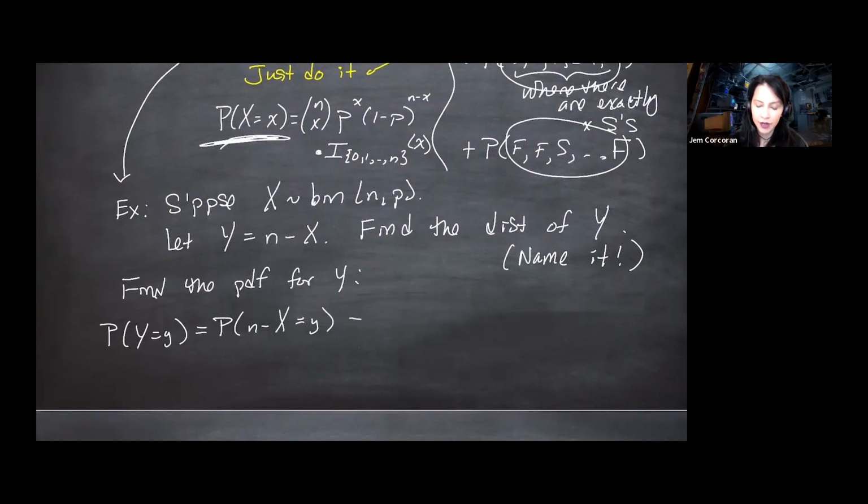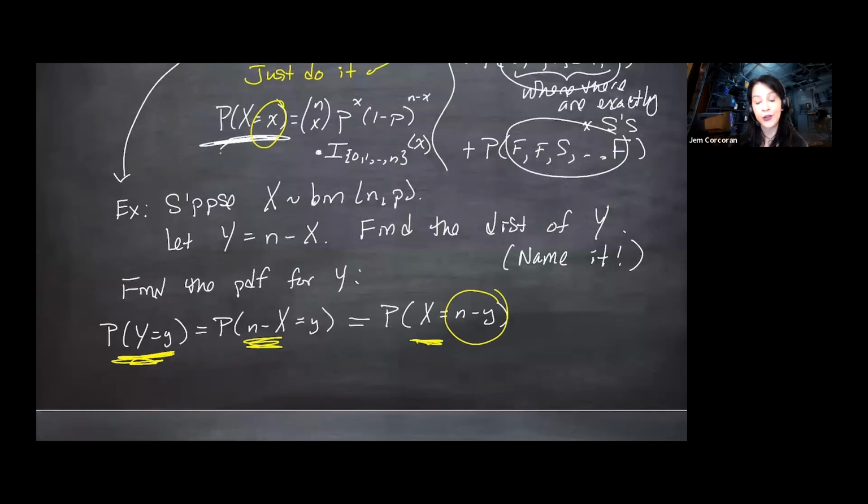So I'm going to solve for x. This is the probability x equals n minus y. And then I'm going to plug this n minus y in for x in my PDF for x. You have no other choice. So the PDF for y, write down what it is, then plug in what y is, then solve for x, and then use the fact that you know probabilities for x.